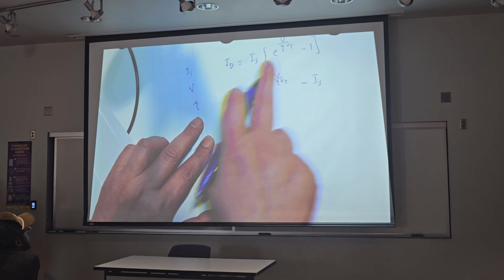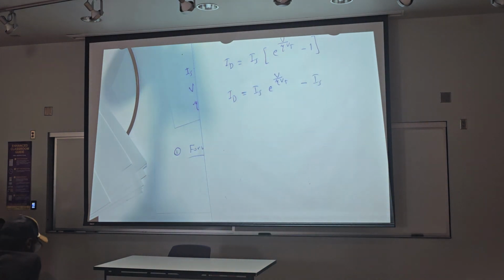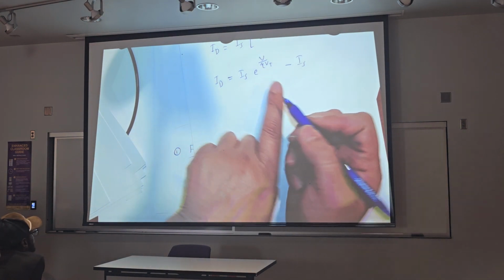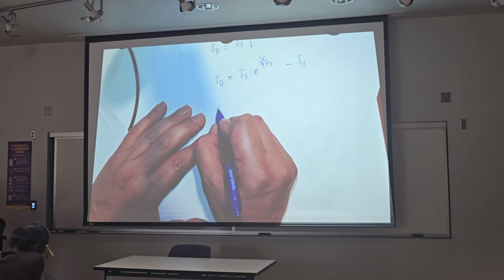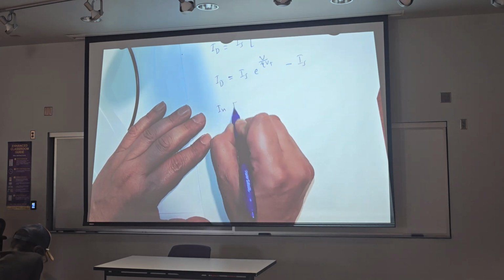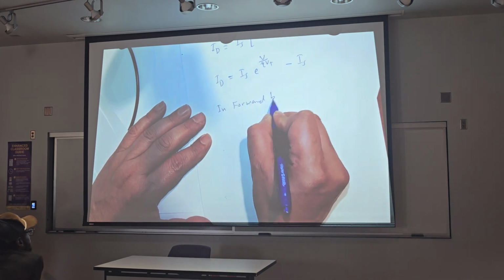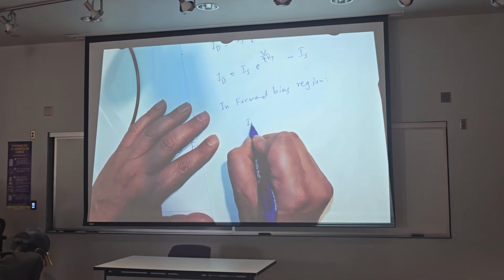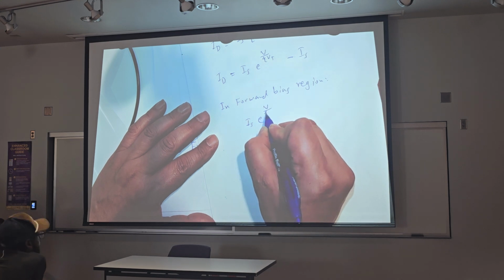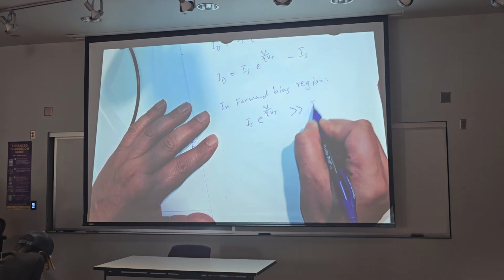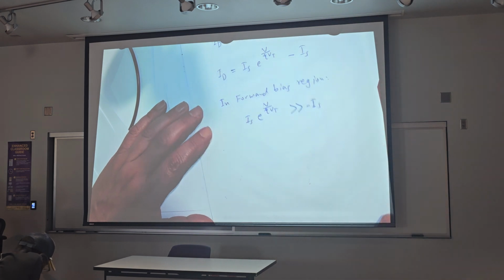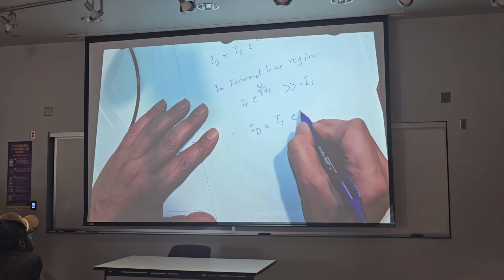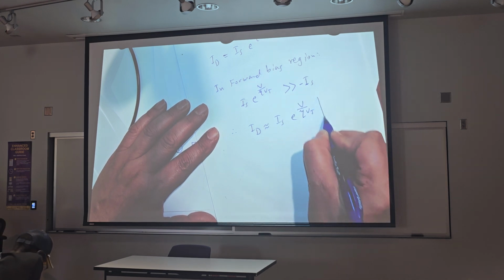Just distribute the IS, or expand the bracket here. So in the forward bias region, IS exponential V divided by eta VT is much more than IS. So ID is approximately equal to IS exponential V over eta VT.